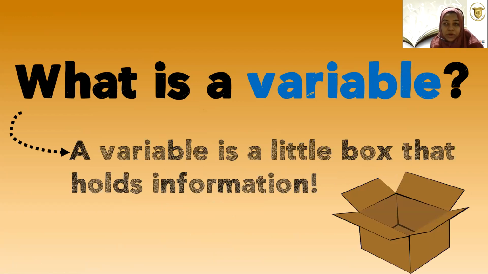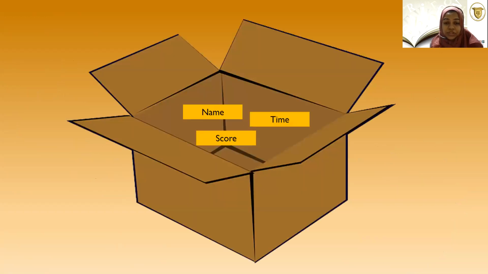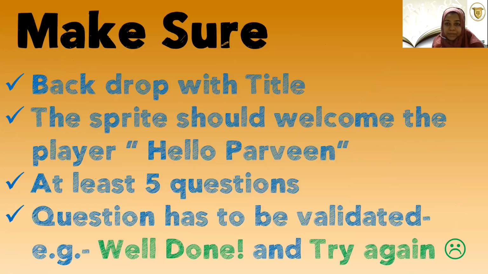You want to store the score, then you create a variable called score, and then you can use that variable to display the score at the end of the game. So as I mentioned, you can store name, you can store the score, you can also store the time taken to complete the quiz.